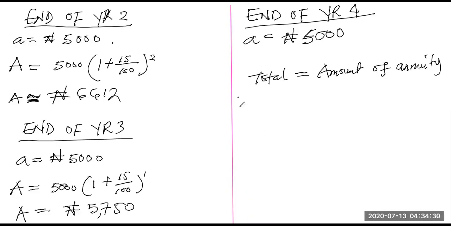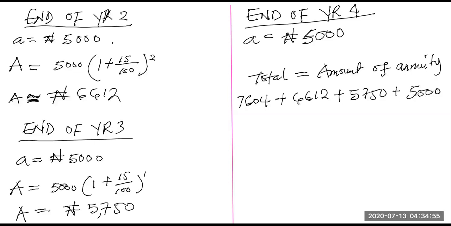So we have 7,604 plus the amount at the end of the 2nd year, which is 6,612, plus the money at the end of the 3rd year, which is 5,750, plus the one that came at the last year, which he did not invest, which is 5,000.